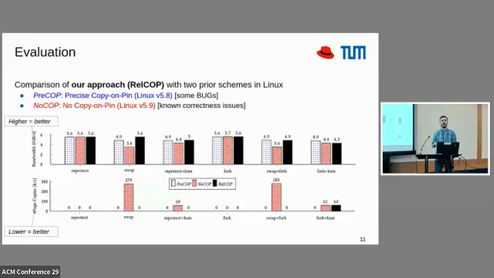So whenever we access the page during the stream benchmark and write to it, we get a write fault, and we have to make a decision if we want to copy or reuse. Of course, for memory bandwidth, higher is better, as always, and for page copies, lower is better, because in this specific experiment any page copy is unnecessary. So if we end up with 0, it's perfect. If we end up with more, there might be a problem.